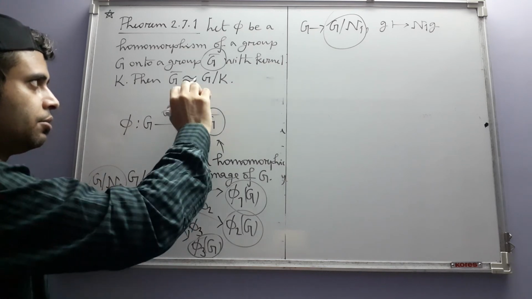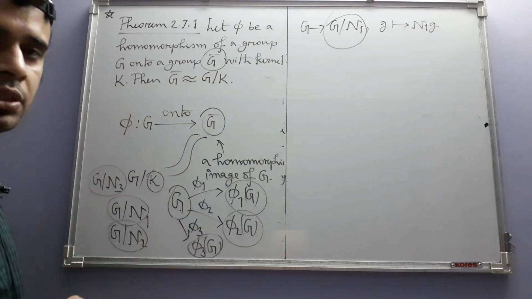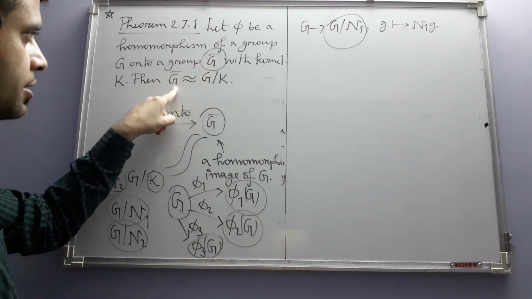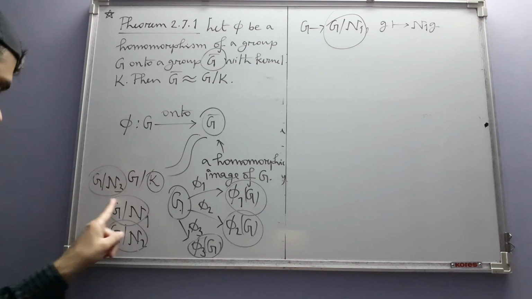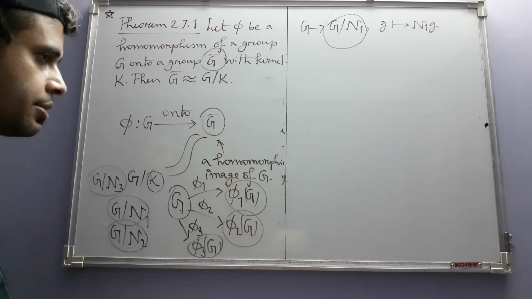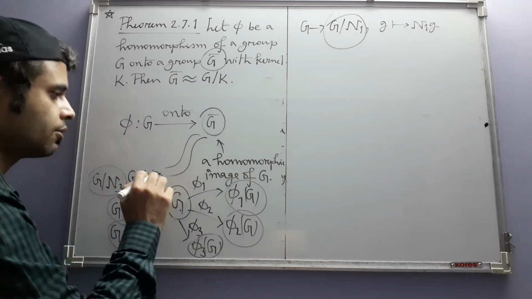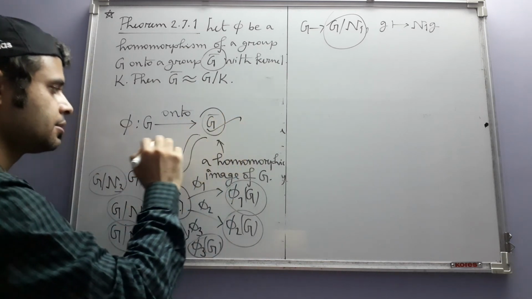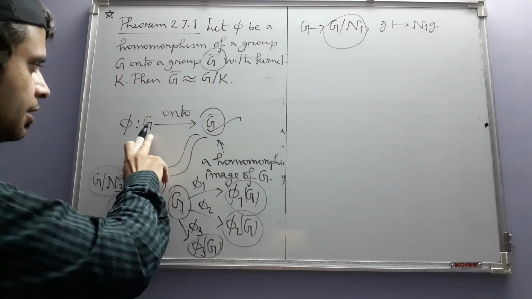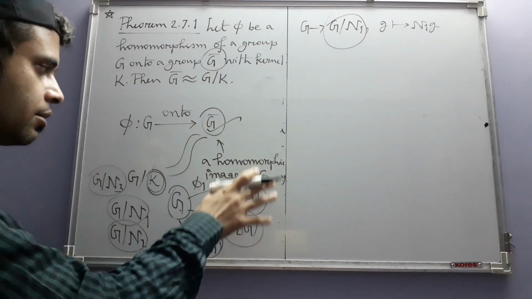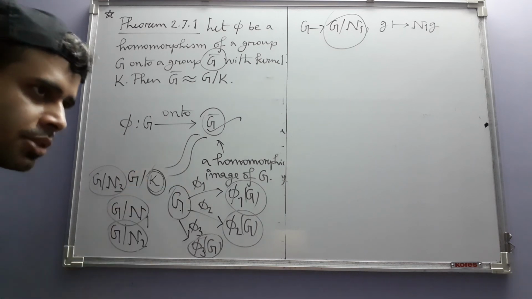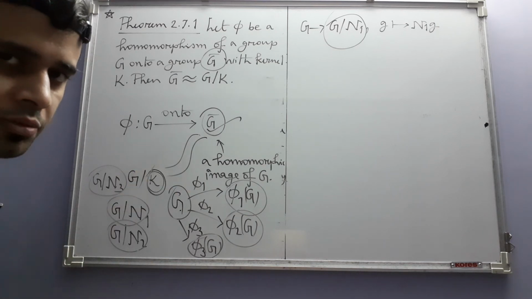Okay, in this way we will actually obtain all the homomorphic images, because if we have one homomorphic image, then it is the same as a quotient like this, and this entire thing tells us that there is a one-to-one correspondence between homomorphic images and normal subgroups of a group. If you want to get the homomorphic images, you just look at the normal subgroups a group has, form the quotients, you get all the homomorphic images.